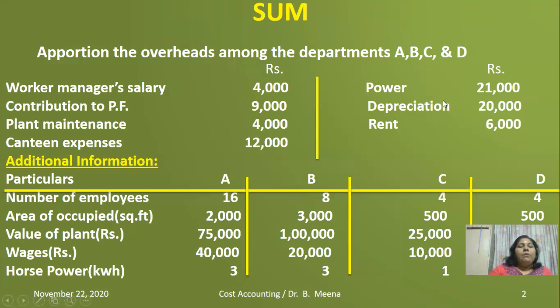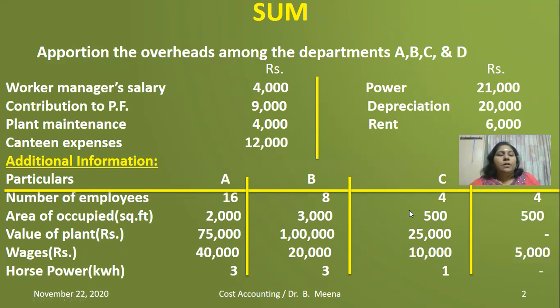Then I'll move on to the contribution to PF, 9,000. For PF, I can take the basis as wages. Wages is the basis, so what is the simplified ratio for these wages? We can cancel 3 zeros in these amounts, so the remaining will be 5, 10, 20, 40. Divisible by 5, so 8 is to 4 is to 2 is to 1.